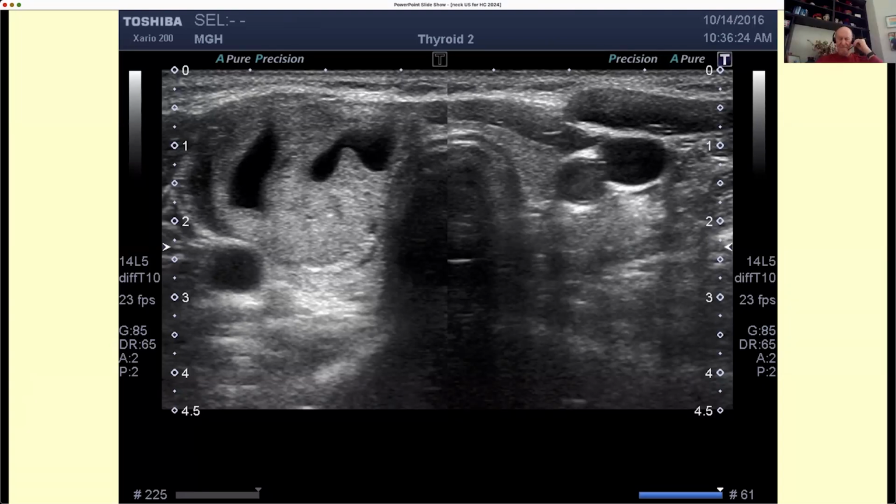So there are follicles that generate a lot of echoes. And so you can say that this nodule is unlikely to be malignant, but it could be a follicular adenoma. But unfortunately, some follicular carcinomas are also going to be isoechoic because they have a follicular structure that is preserved.